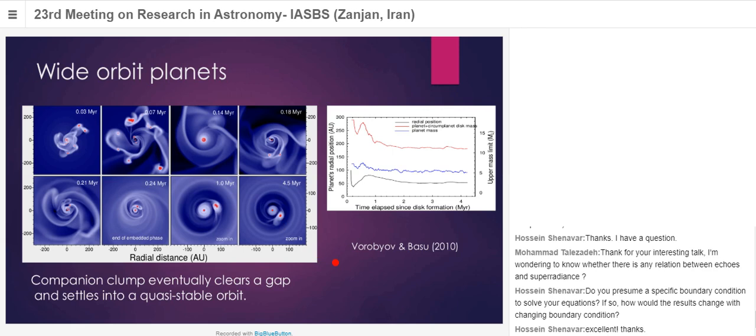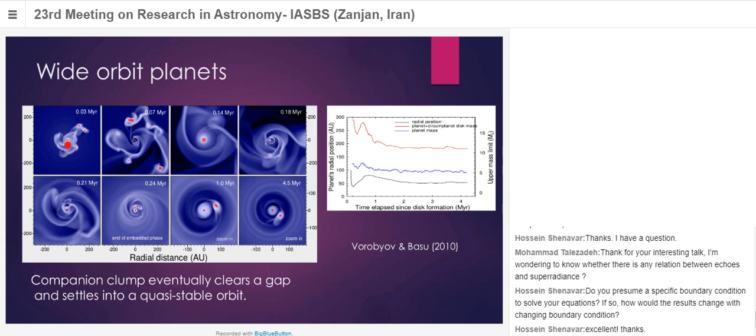Even though you're evolving deterministic equations, if you put slightly different perturbations into each model, even with the same parameters, you may get a different outcome in the end as far as clump formation. Or you can vary the parameters of the mass and angular momentum, and again, you get different outcomes. So there's a lot of sensitivity to the initial parameters or perturbations.